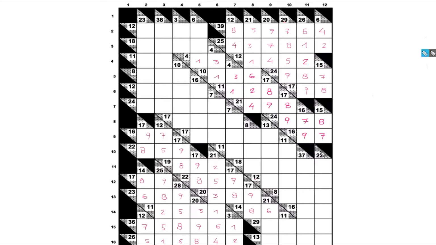Let's see, what about number 22? There are 6 numbers for making 22, and there is just one combination to make this number. The combination is 1, 2, 3, 4, 5 and number 7. But in the same situation, it's about number 16.